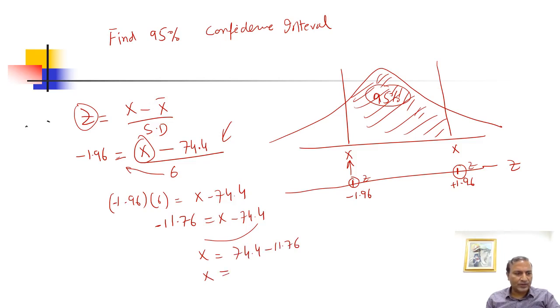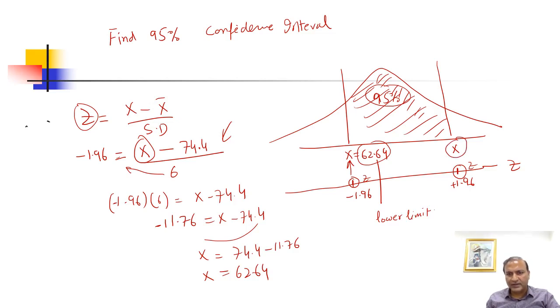So the answer is 62.64. This is the lower limit. And now I have to find this x.